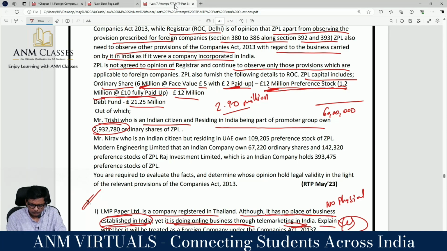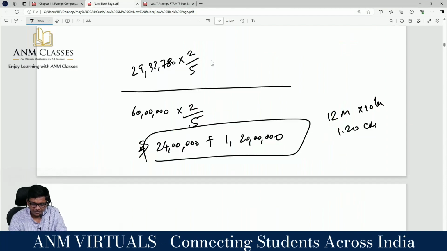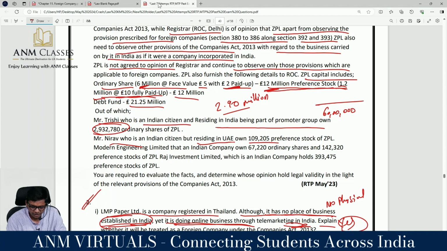And Neeram residing in UAE owns how much? 1 lakh 9,205, so I will add 1 lakh 9,205 into the face value, 10, fully paid up.